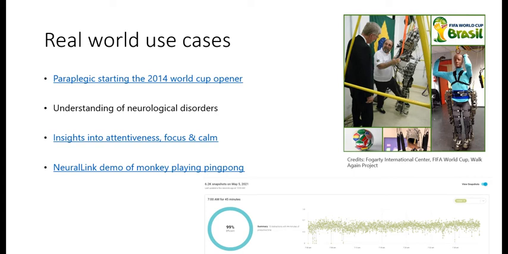And they were even able to feel the sensory impact of that.